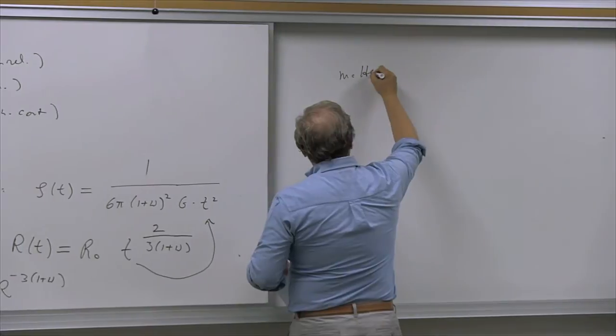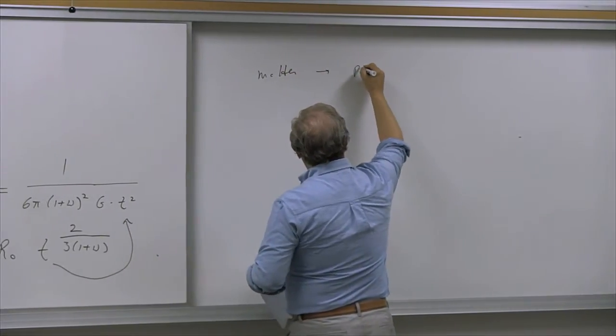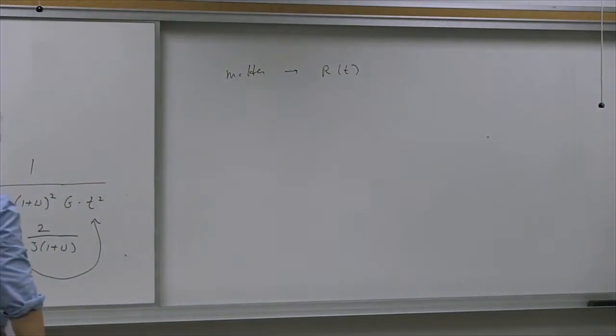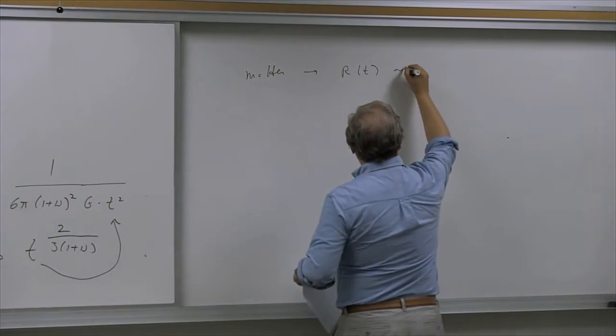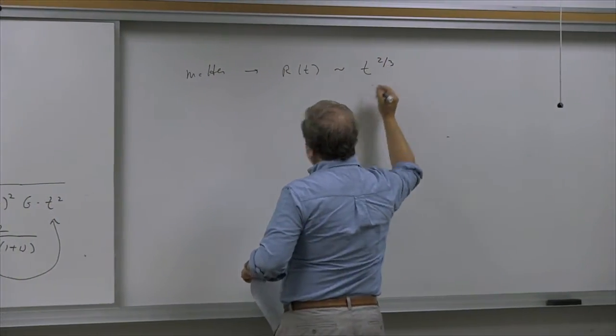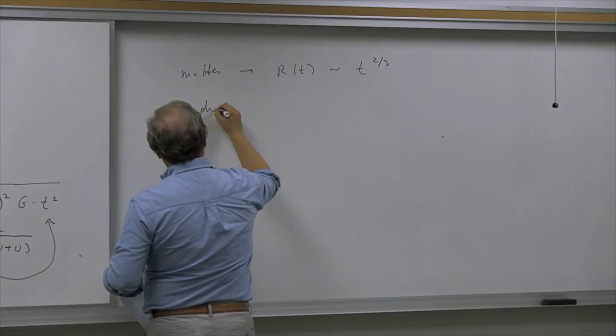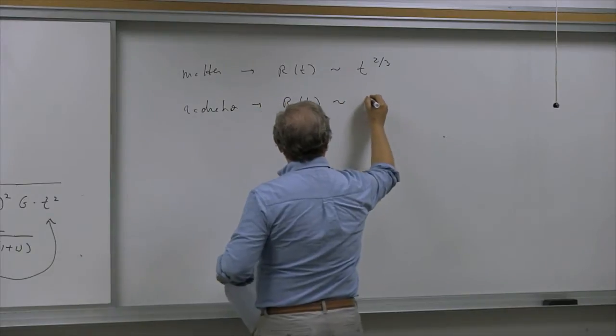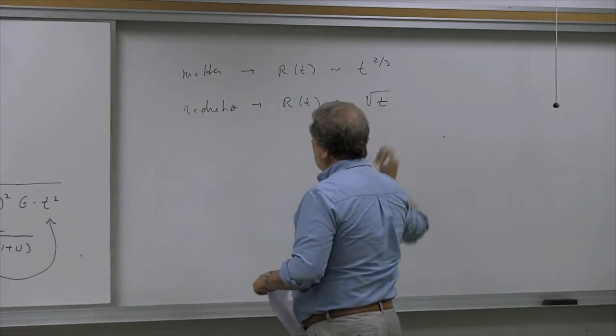Right? So for matter, R of t goes like t to the 2/3. For radiation, R of t goes like the square root of t, right?